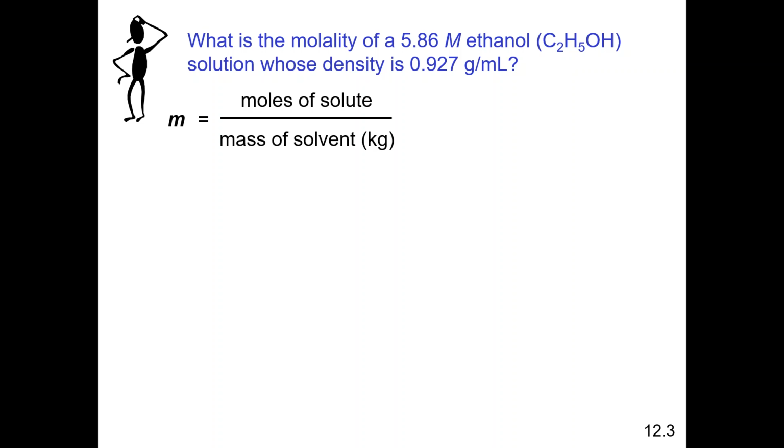First thing we'll write down is the equation for molality, because that's what the question is asking for. So that's the expression that is given right here. What this expression is saying is that you need two things in order to determine the molality. You need the moles of the solute.